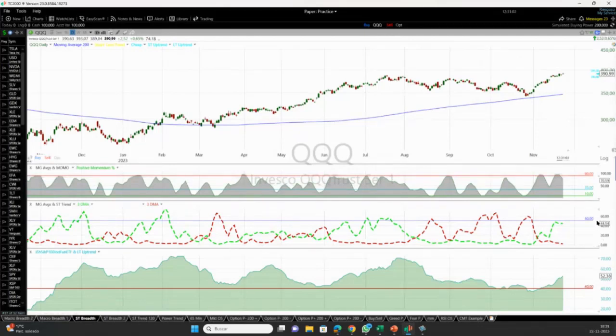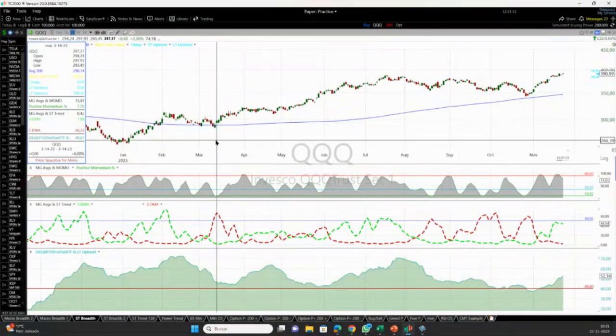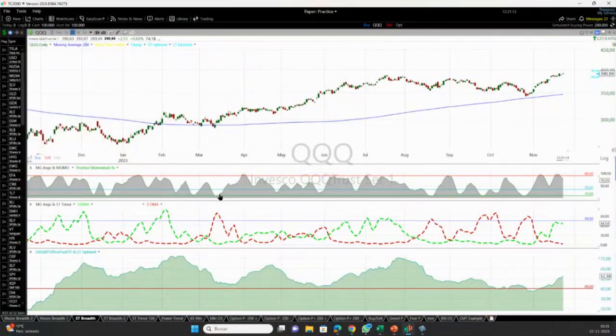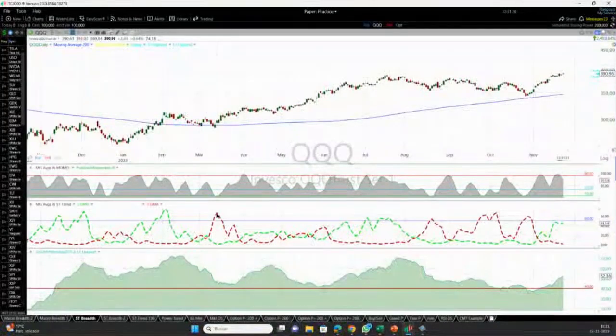For example, you can see here in March, we reached an oversold condition in the percentage of stocks above their 5-day moving average, and it also coincided with over 50% of stocks making 30-bar lows in distribution.